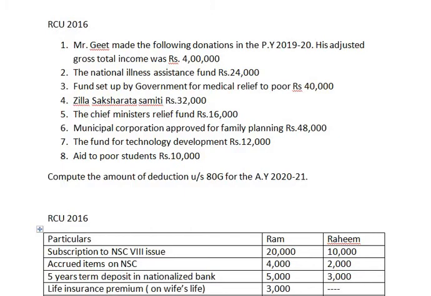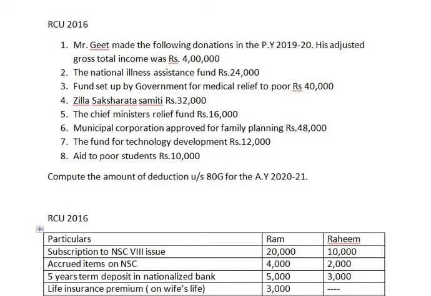Next is coming to with limit donations. We are given only one piece of information, that is Municipal Corporation approved for family planning, 48,000. So when you are taking for with limit deductions, it is 48,000. When you are computing it, you come across one important working note: when we are computing deductions for with limit donations, either we take the with limit donation, that is 48,000, or 10% of adjusted GTI, which is 40,000, whichever is less.